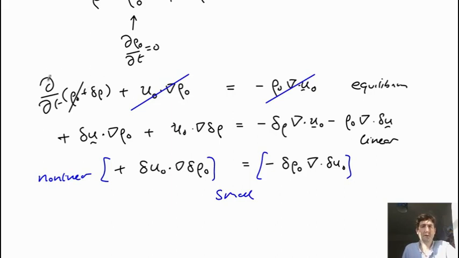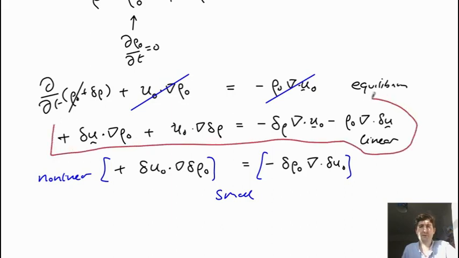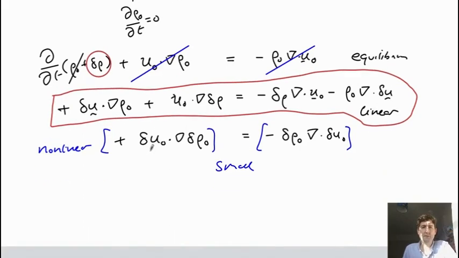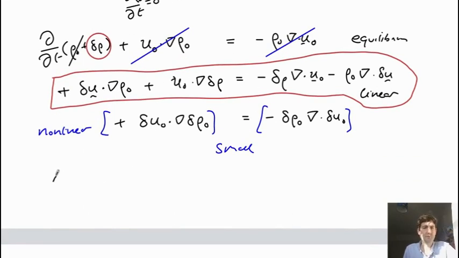So we have a d by dt of delta rho, and we're going to keep all this stuff, which is all proportional to a single perturbed quantity. And so this part together with that time derivative is going to be the equations we solve. And so we end up with an equation for the density perturbation. So we have d by dt of delta rho.